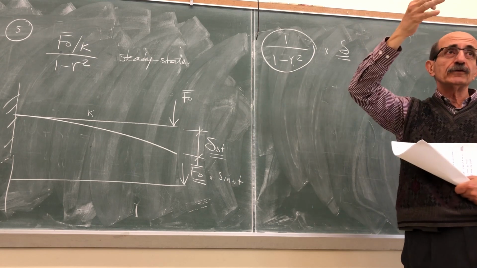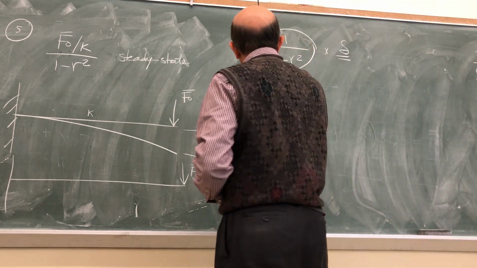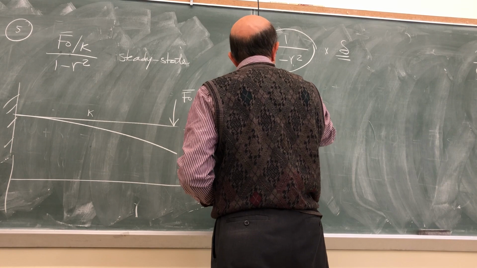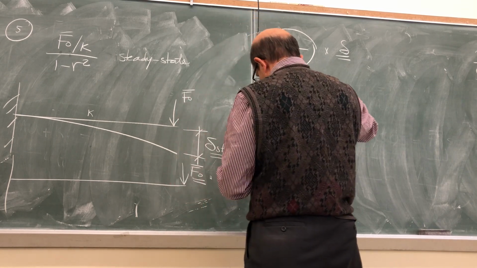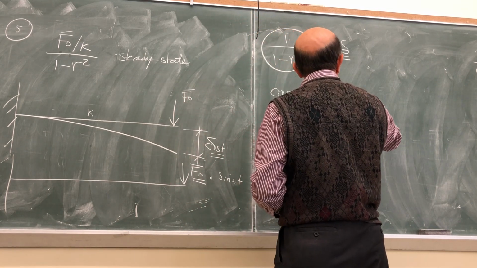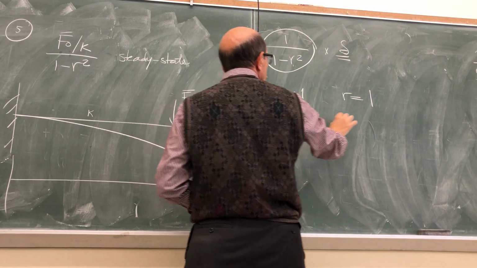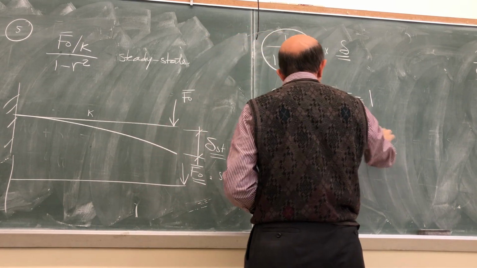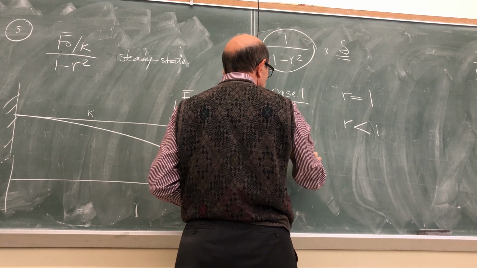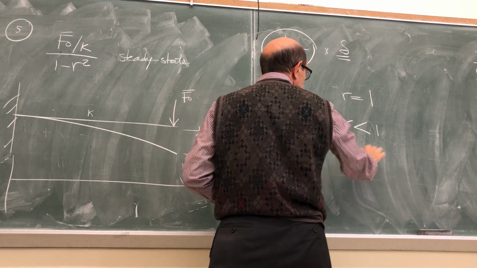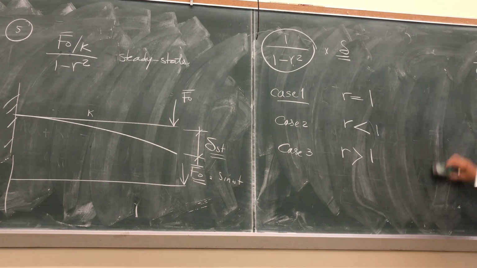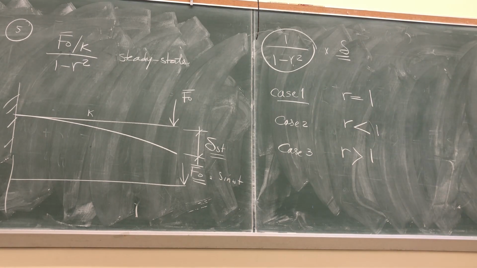And there are 3 cases. Case 1, we consider when R is equal to 1. Case 2, when R is less than 1, and case 3, when R is greater than 1. So let's look at all these cases.